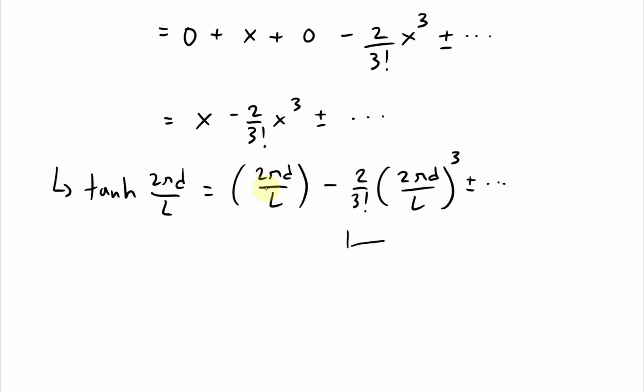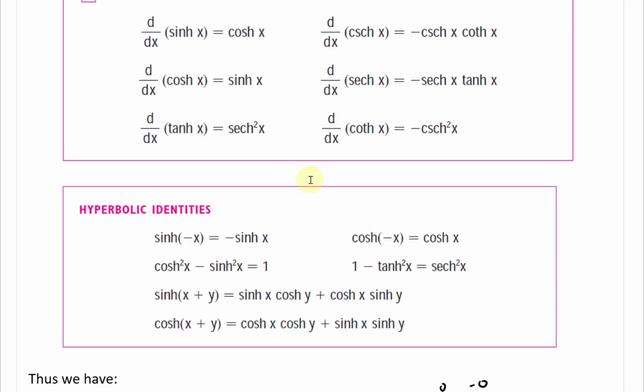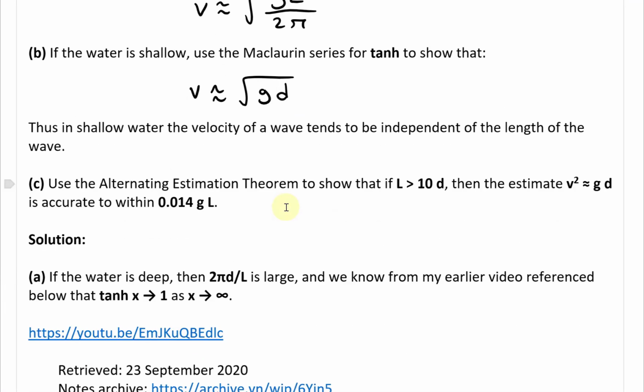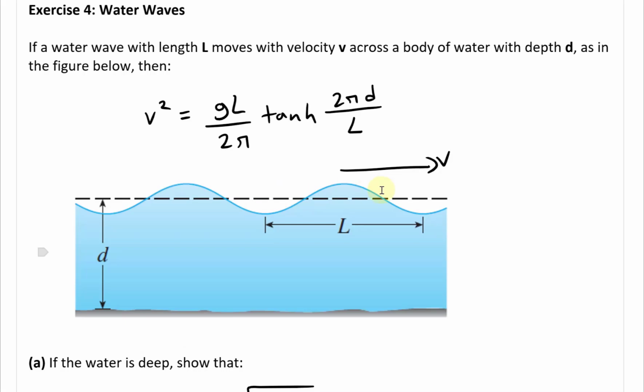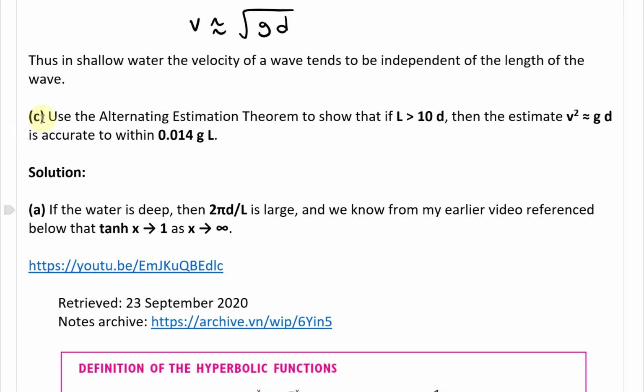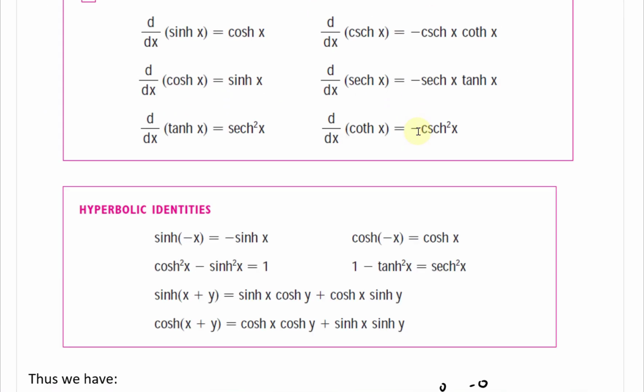And now if it's shallow, so if this is small, and I just want to make a correction there. It does look like the question is stating that shallow means the wavelength is much bigger than d. That's why in the alternating series part C, L is much greater than d, so 10 times d.